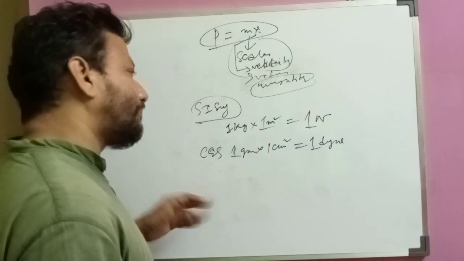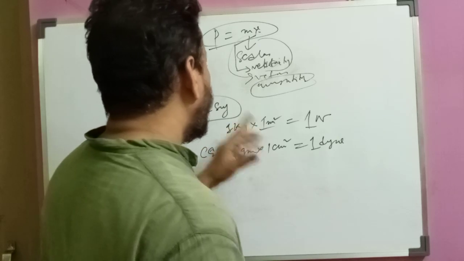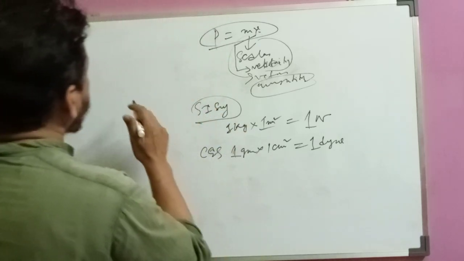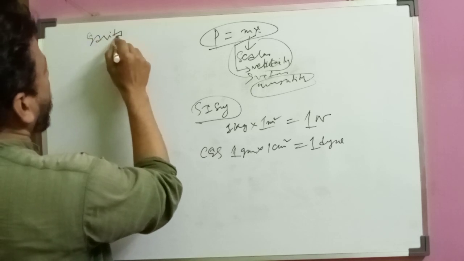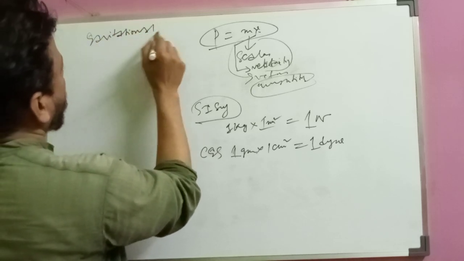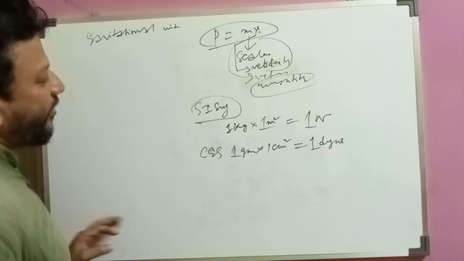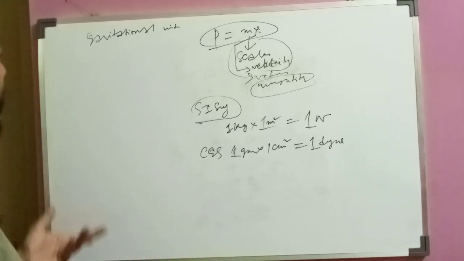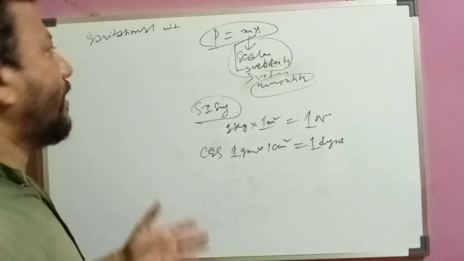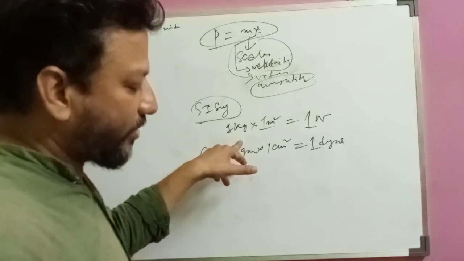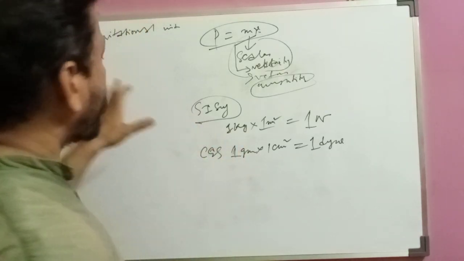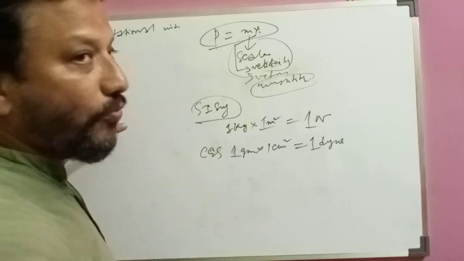Along with this, we get the gravitational unit. The gravitational unit is similar to this. The kilogram will be there, and simply, one single word, 1 kg weight.